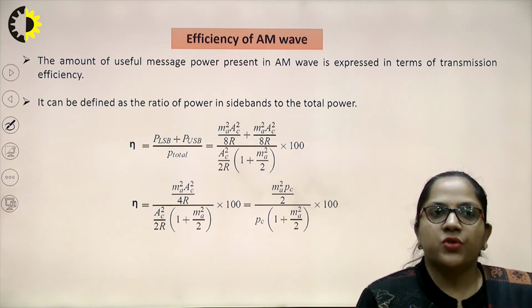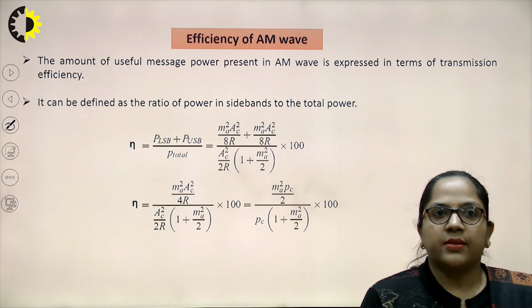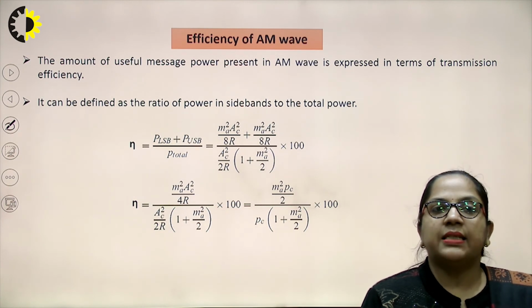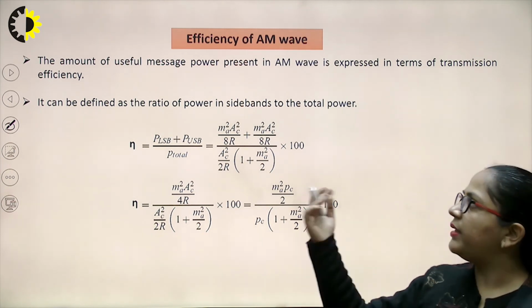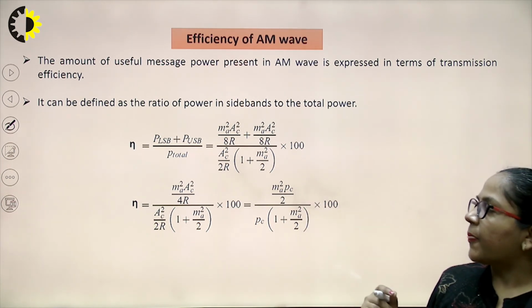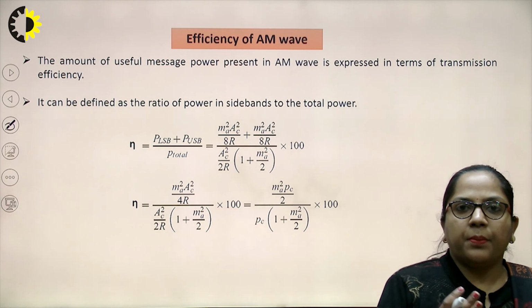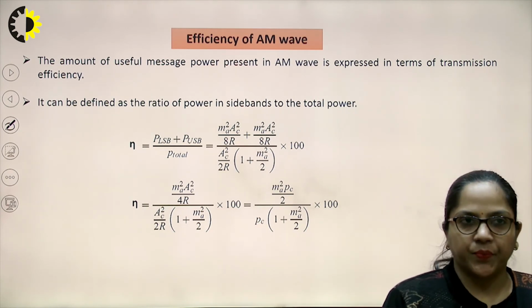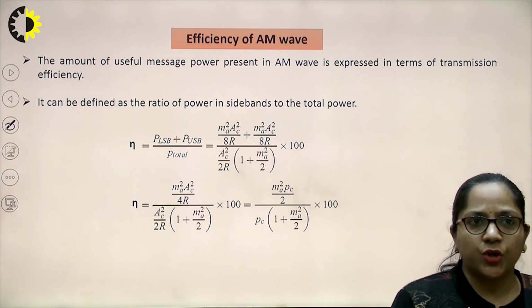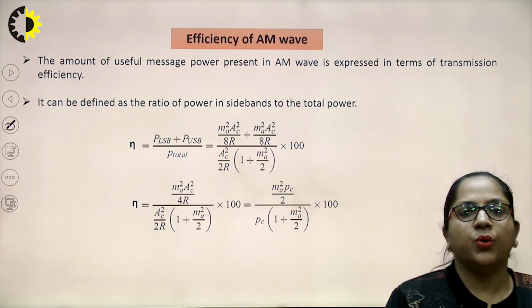The amount of useful message power present in the AM wave is expressed in terms of transmission efficiency. That means efficiency will tell us the amount of useful information we are transmitting.